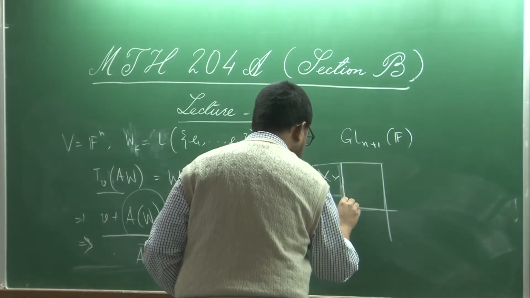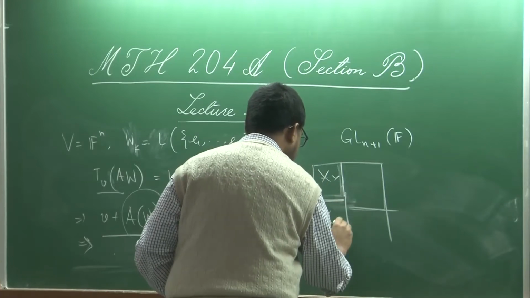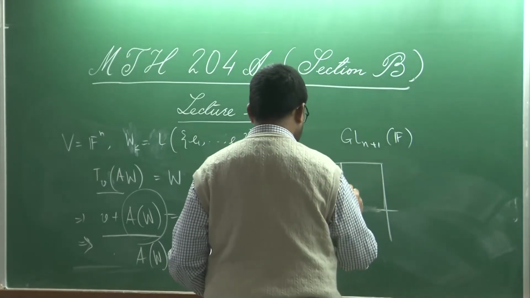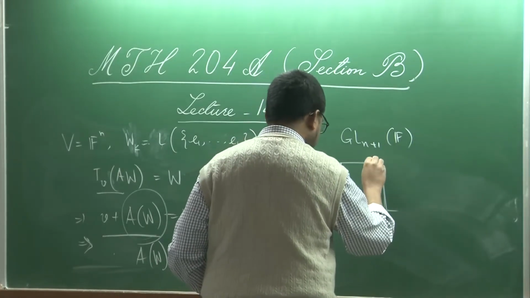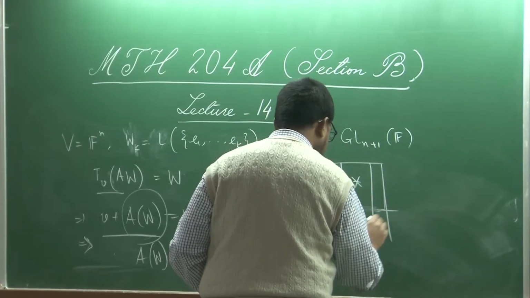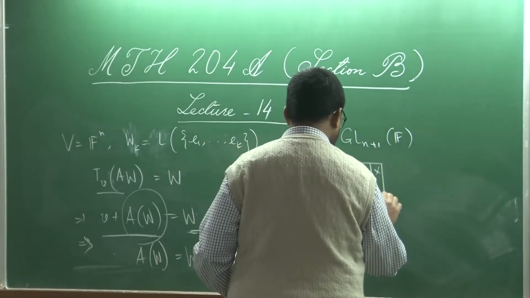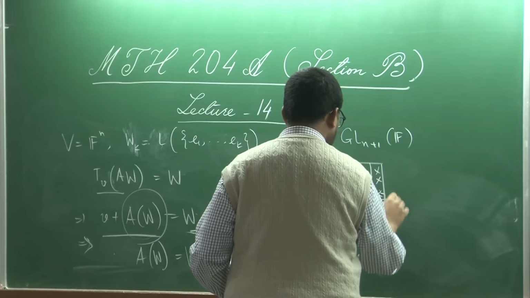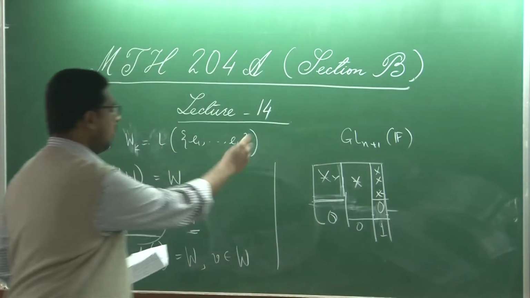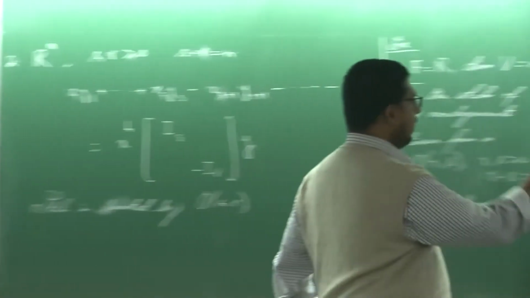These are the k vectors, then the rest will be simply 0. Then of course there could be anything here which you do not care about, again this is 0, and the last column can also go up to the kth portion. And here as usual we will have 1, here you will have 0. So, all matrices of this form. Similarly, you can do this for the other groups.